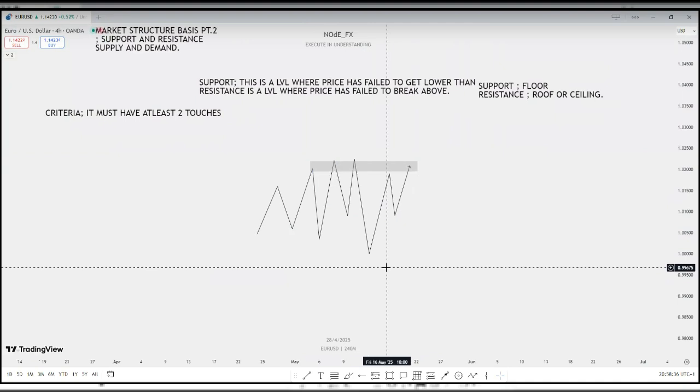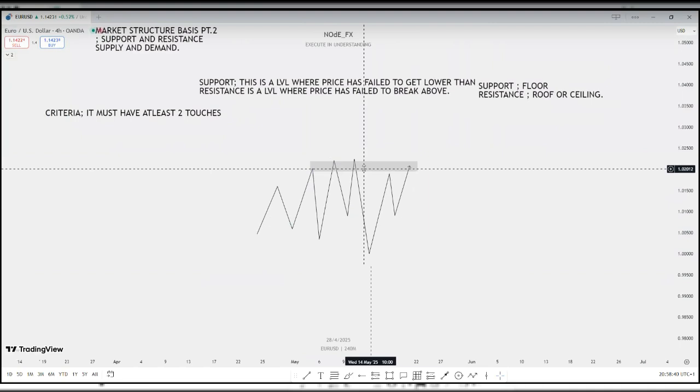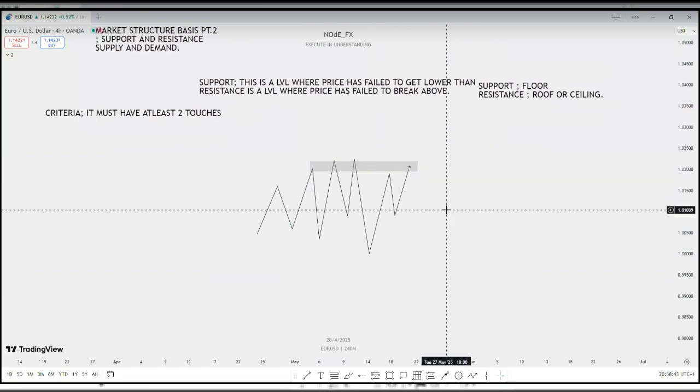Take a look at this. The drawings don't really matter. What matters is that when you are taking your resistance, it doesn't mean it has to be very big. Just draw your resistance according to the structure that is given. You identify your resistance at a place where price has failed to get higher within that certain time.